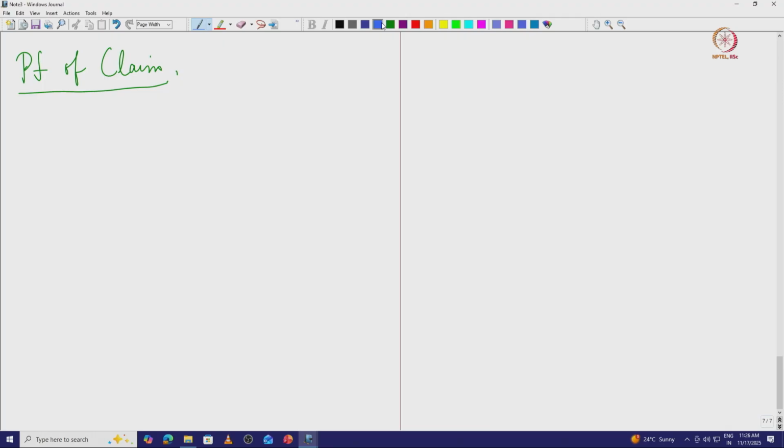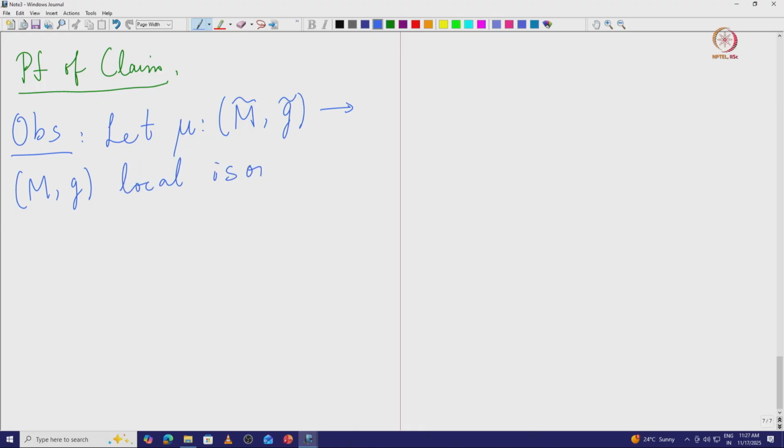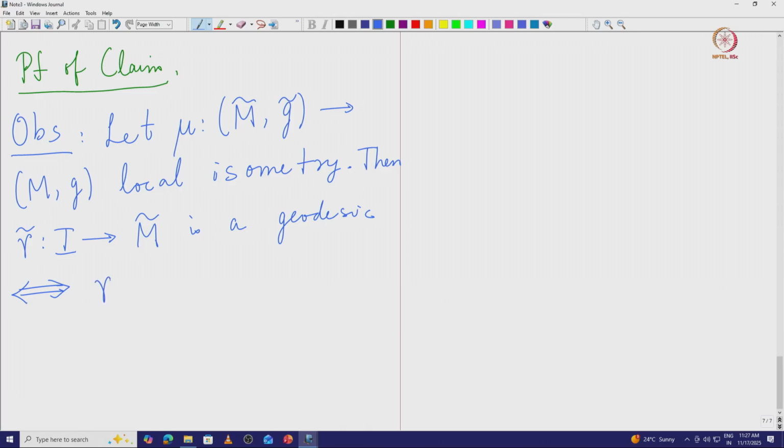It relies on the following key observation: if you have a local isometry, and let us say gamma tilde is a curve, then gamma tilde is a geodesic if and only if you look at the composition, which will now go from I to M, that is a geodesic.